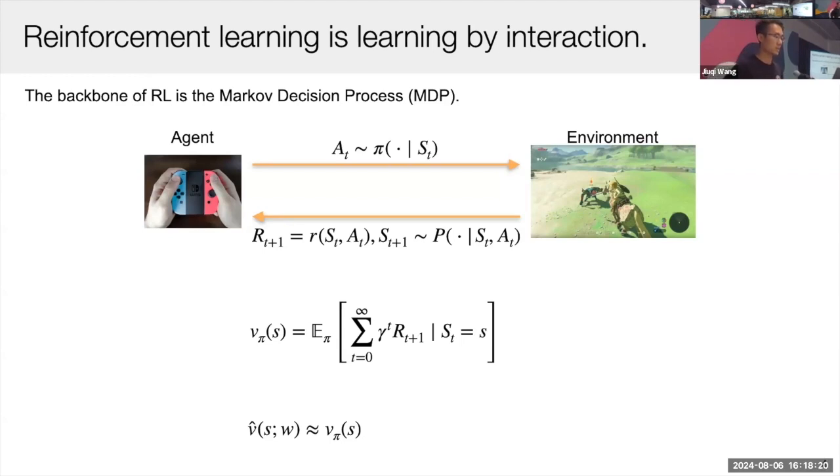With this function, we can have some function approximation, denoted as v hat, that approximates this true state value function using some function approximator parameterized with the weight w.